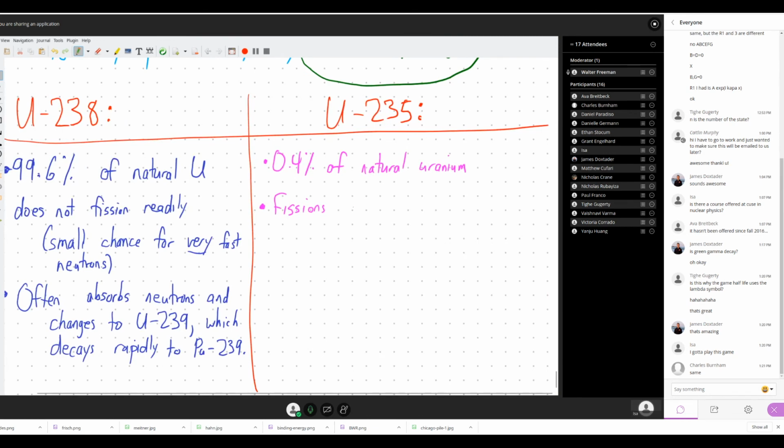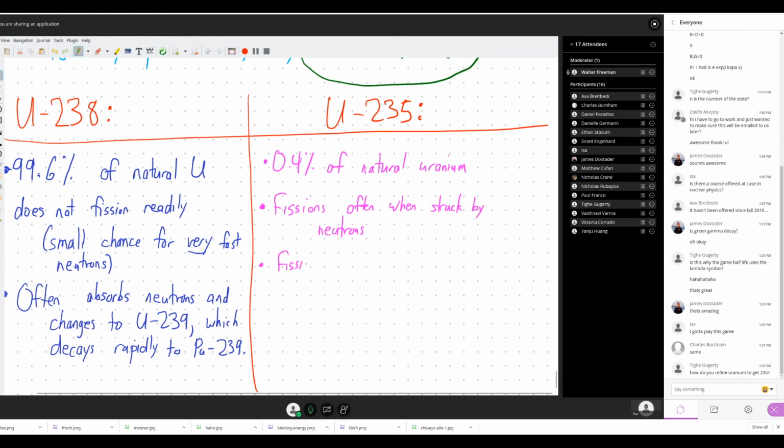It fissions often when struck by neutrons. It fissions very often when struck by slow neutrons.